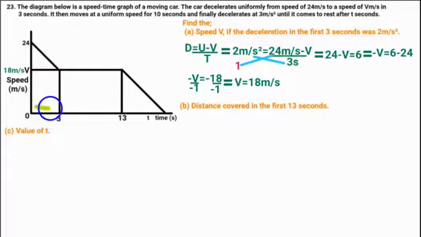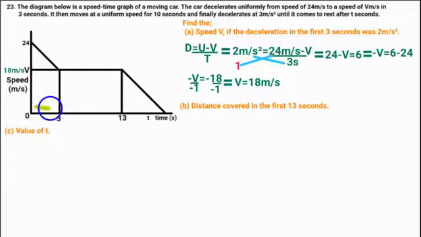What I'm going to do is divide this entire shape. We're going to use the formula for the area of the shape to find the distance. I'm going to divide this triangle and find the area of the triangle alone. Later on, I'm going to find the area of this rectangle, then combine the areas of the two shapes, the triangle and the rectangle.